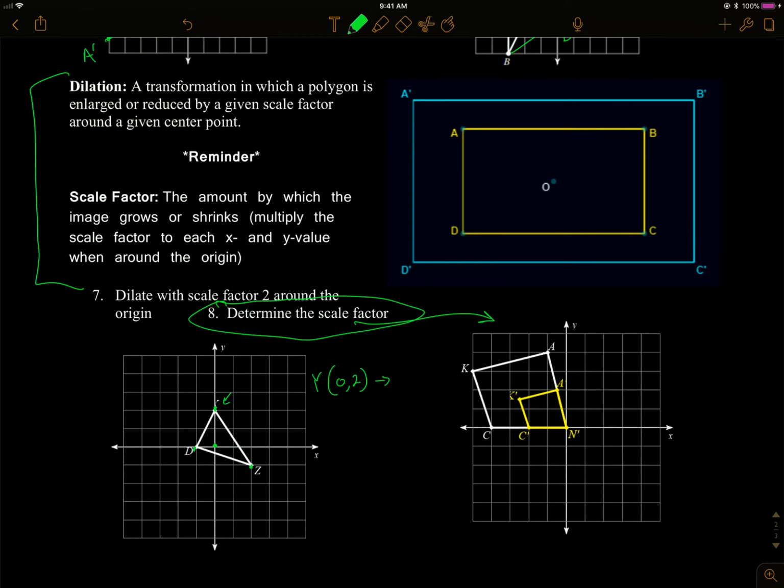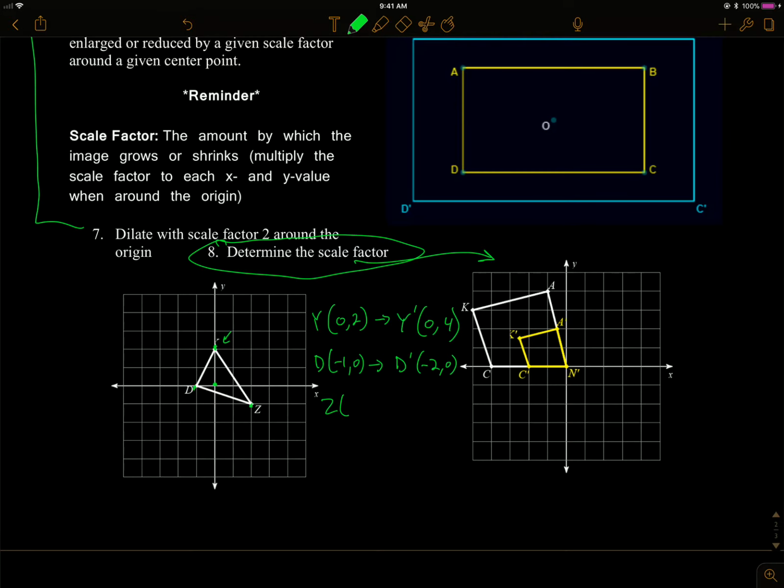So Y prime means we're going to dilate by a scale factor of 2. That means we're going to multiply the x and the y by 2. If D is negative 1, 0, then D prime will be negative 2, 0. And then if Z is 2, negative 1, then Z prime will end up at 4, negative 2.